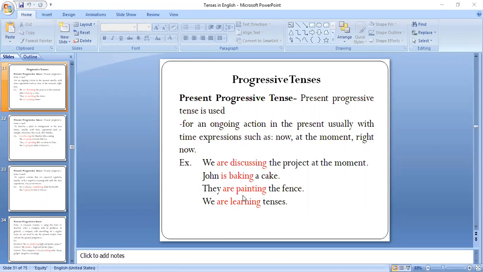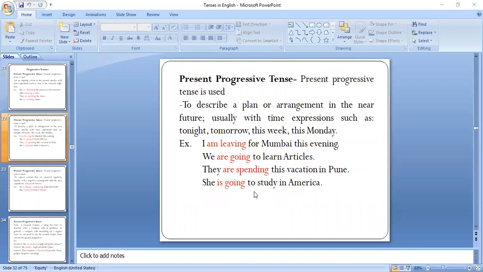And that's why this is the ongoing process or progressive process. It is in the progression. This process hasn't stopped. We are learning tenses. We are learning it from last 2 to 3 weeks. And we haven't stopped yet. So we are learning tenses. This is the present progressive tense.